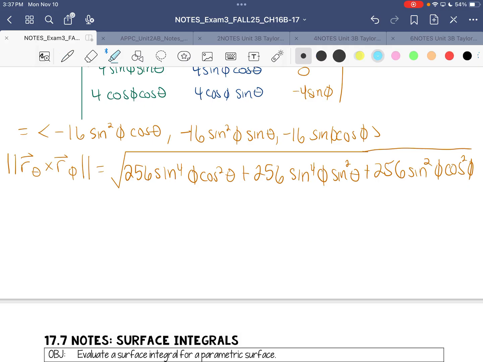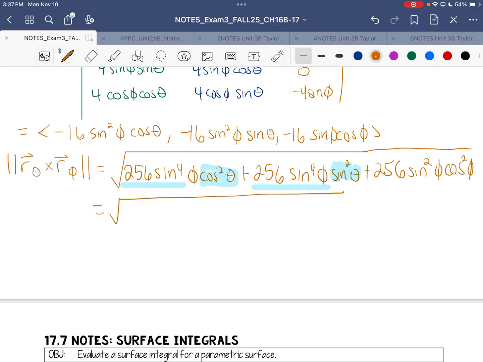Look at the numbers other than the sine squared and cosine squared on the first two terms. Are they the exact same thing? So we could simplify this to 256 sine to the fourth phi plus the last term, 256 sine squared phi cosine squared phi.